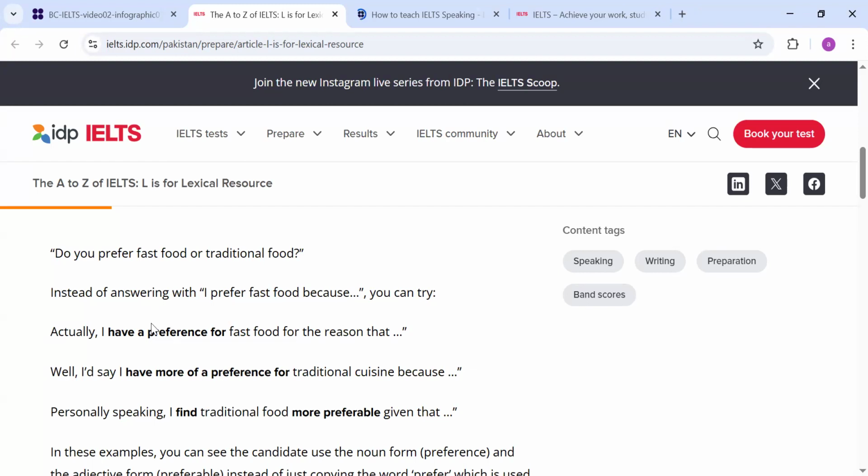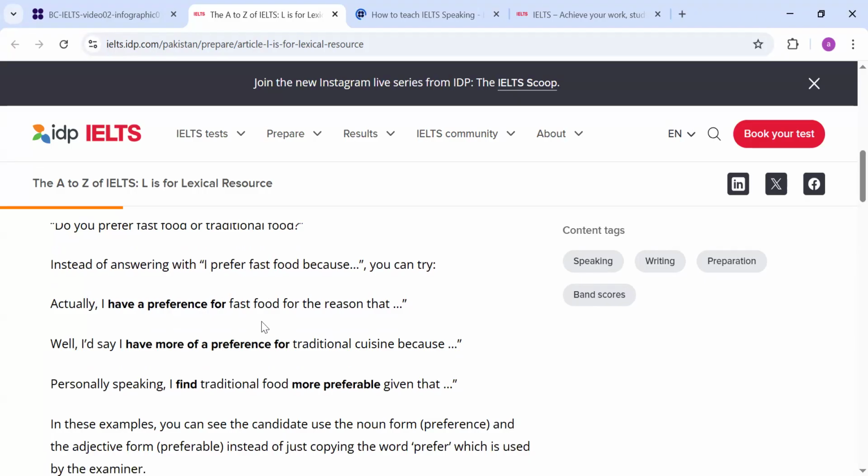They didn't use another word. Instead of prefer, which is a verb, they use the word preference, which is a noun. So sometimes we can use the noun or adjective form of that word. It shows that we are varying the vocabulary. If you have any question, or you still didn't get this point, you can ask it. I will explain it again.